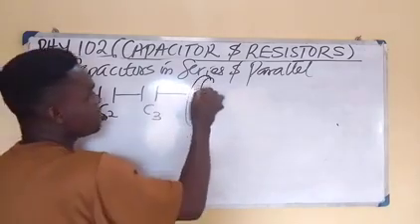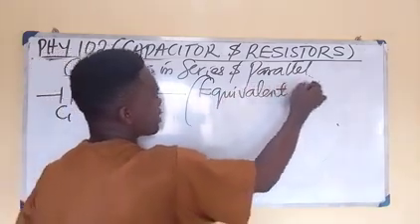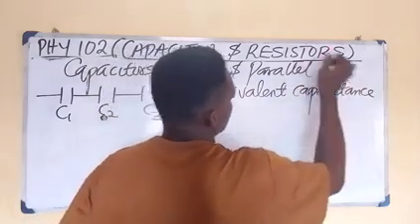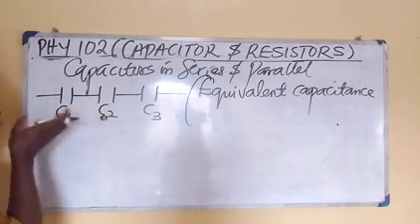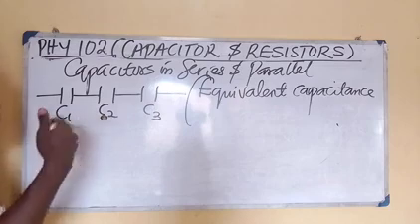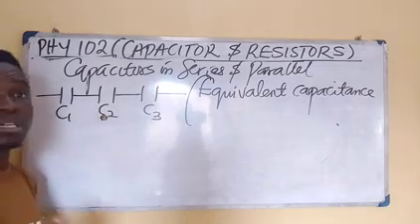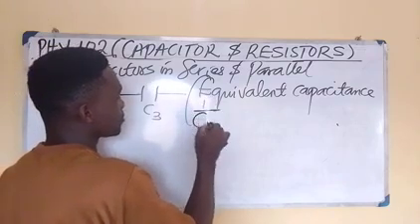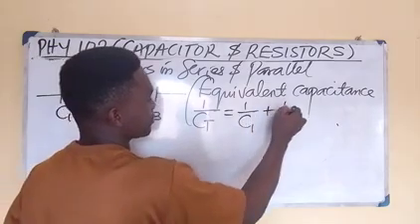Now the equivalent capacitance, when you have more than 2 capacitors occurring in series, it becomes the inverse. So the inverse of what? Each capacitor.